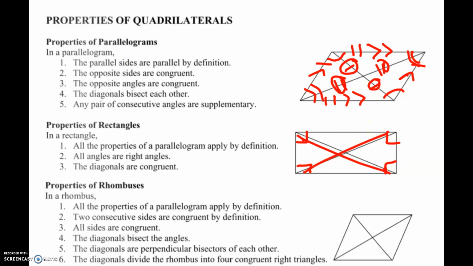So then we went on to rhombuses. Again, rhombus, it's all those properties of a parallelogram, but its new properties are, all of its sides are congruent to one another. The diagonals bisect the angles, so that pair of angles gets bisected and this pair of angles gets bisected.